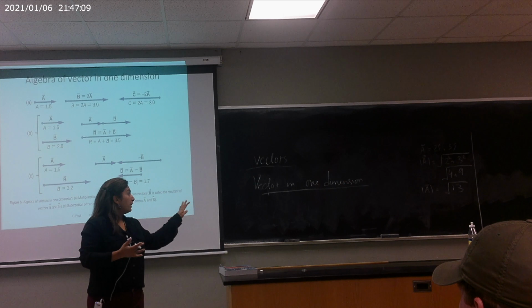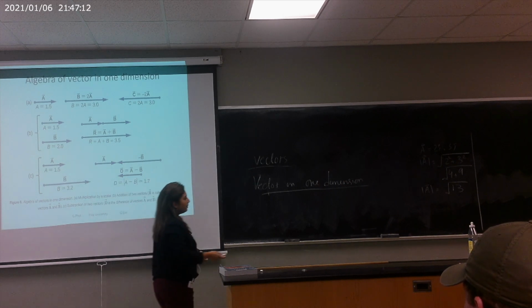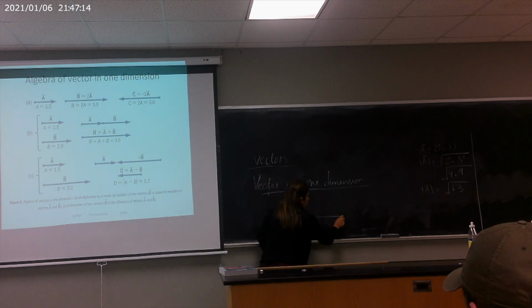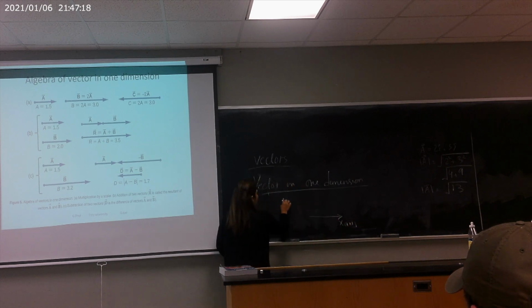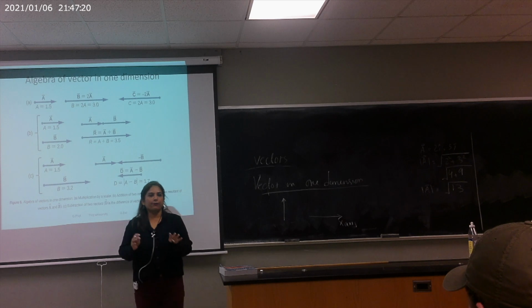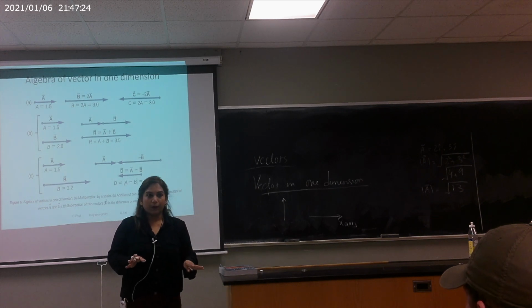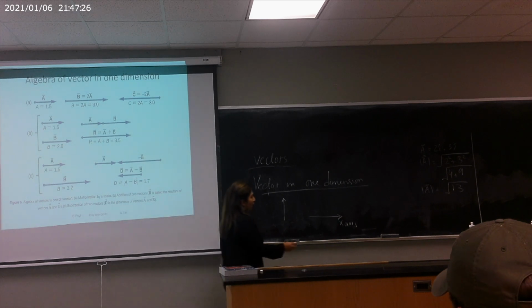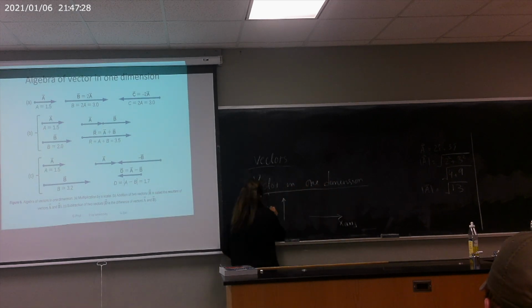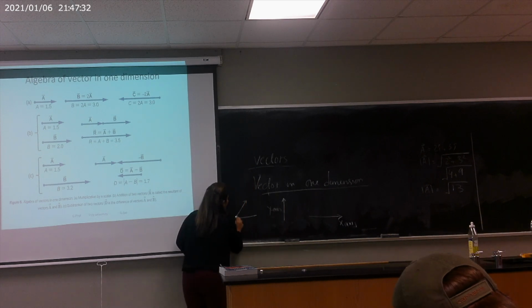If it is in one dimension, that means it's either directed along x-axis or it's vertical. It's only in one dimension. All right? It's not in space. It's either directed along x-axis or it's directed along y-axis.